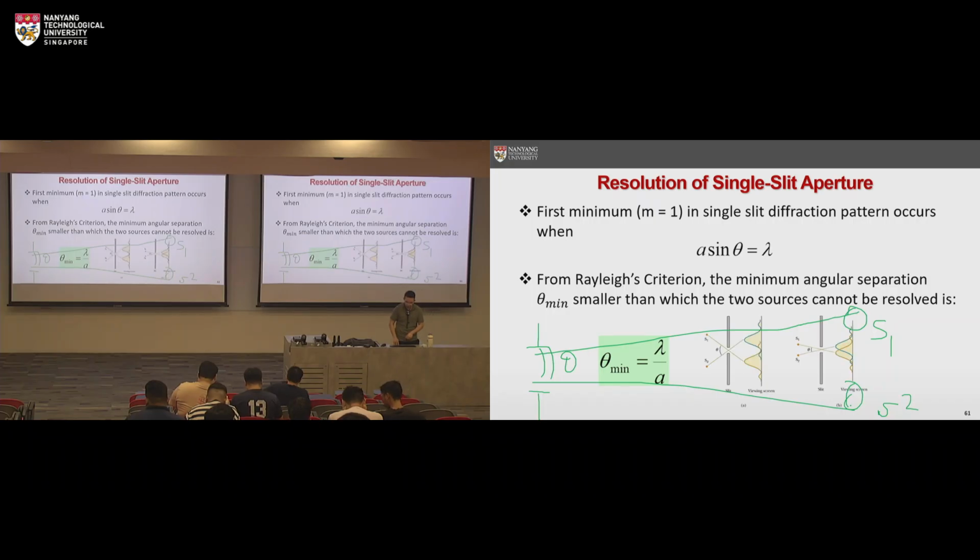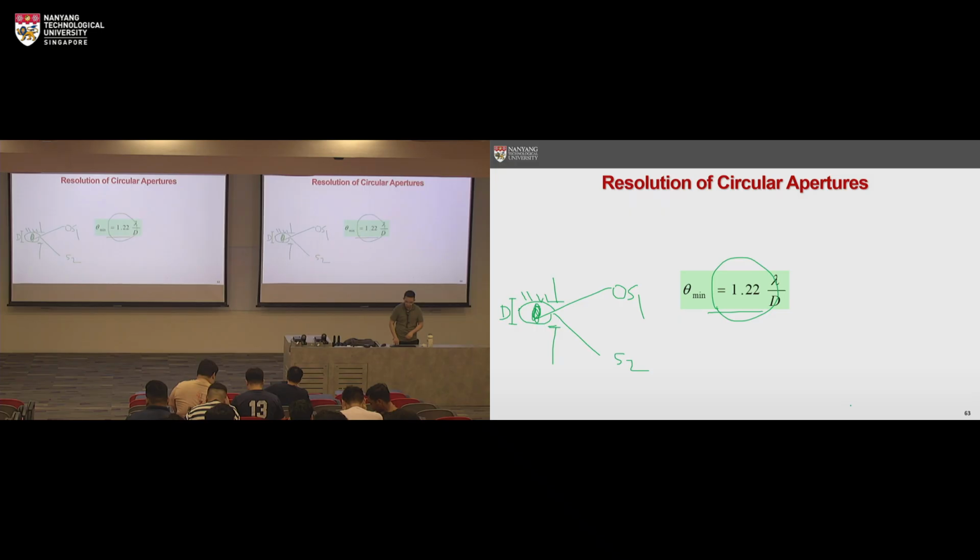So we come up with this final resolution equation, which is 1.22 lambda over d. Remember, this 1.22 is only used for a circular aperture, like a lens, microscope, or human eyes.